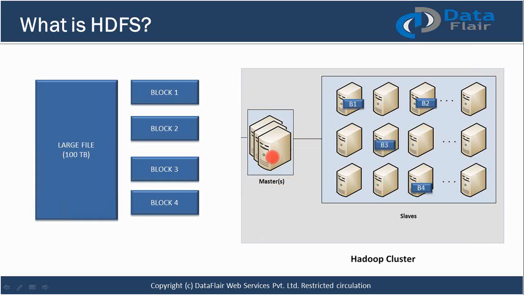Now, Hadoop creates multiple copies. Guys, look at this. Hadoop creates multiple copies of all the blocks. Block 1 is available here, as well as here, as well as here. 3 copies. By default, Hadoop creates 3 copies of each and every block. Now, if you recall the fault tolerance feature, guys, at any point of time, suppose this machine is down, no issues.